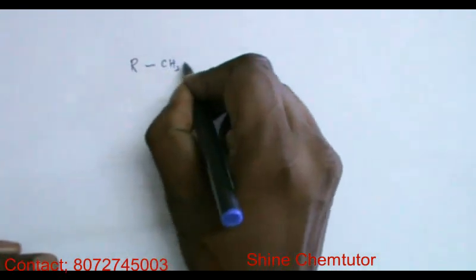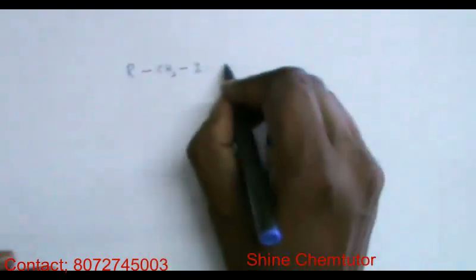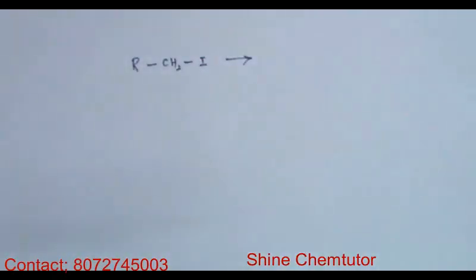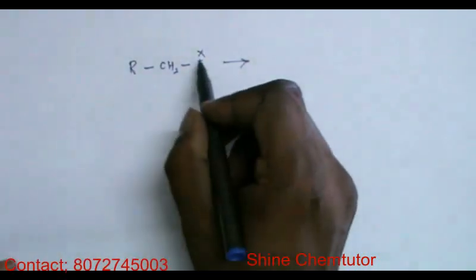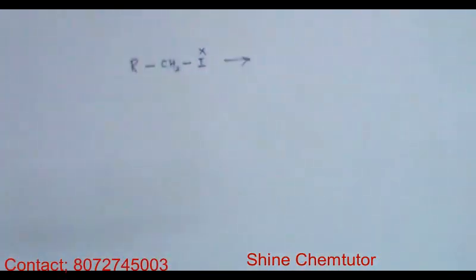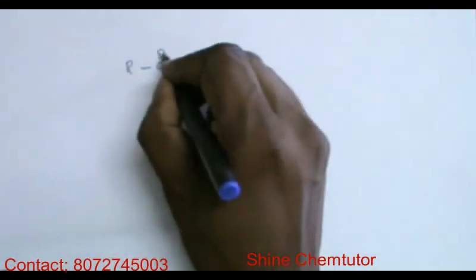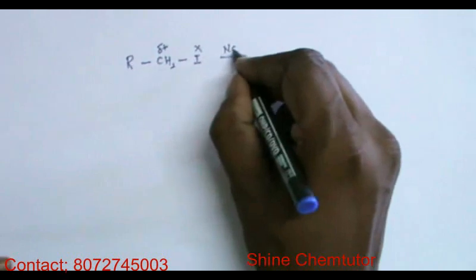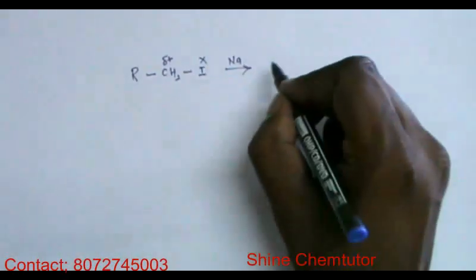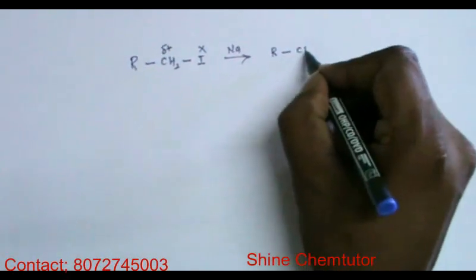The next functional group is alkyl halide. In general, you can say it is X. Since halogen is more electronegative, we have del plus on this carbon. When I add sodium, sodium gives one electron.